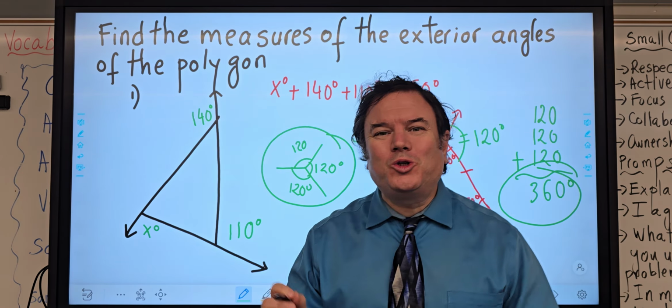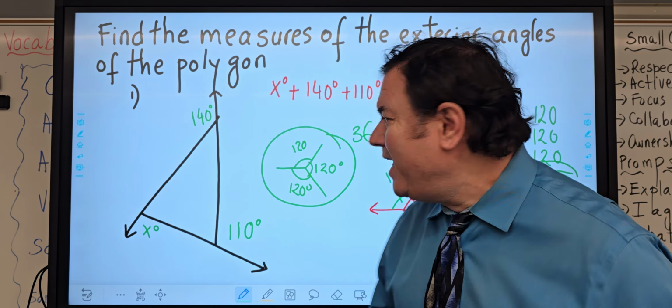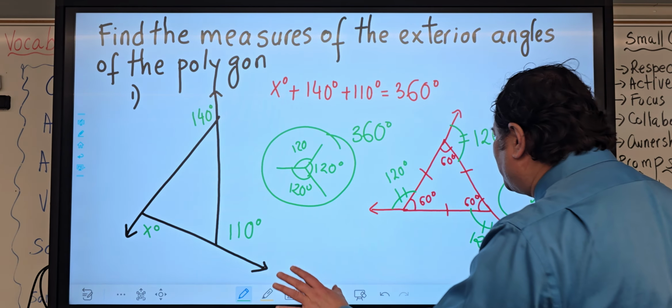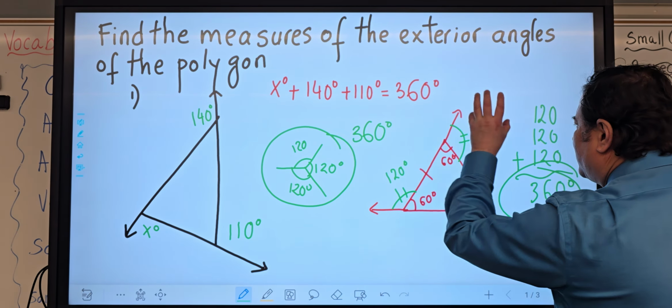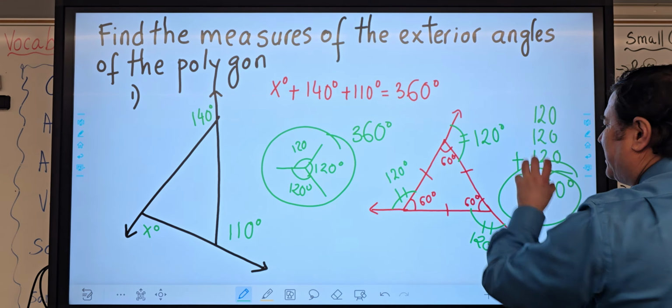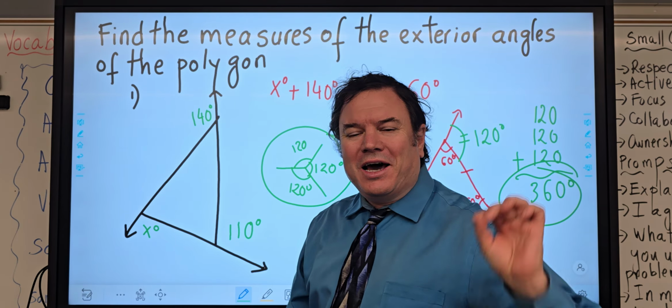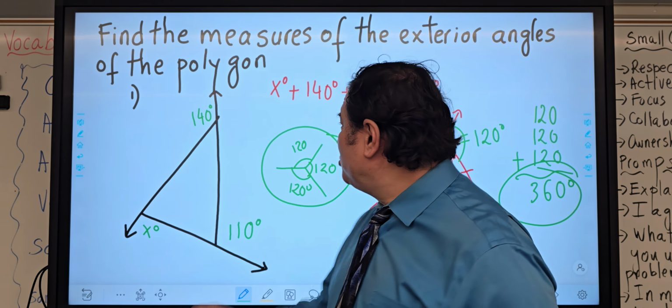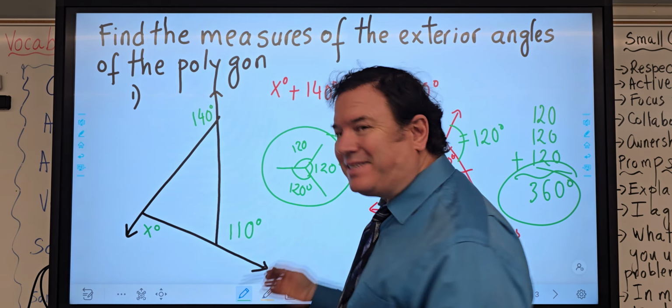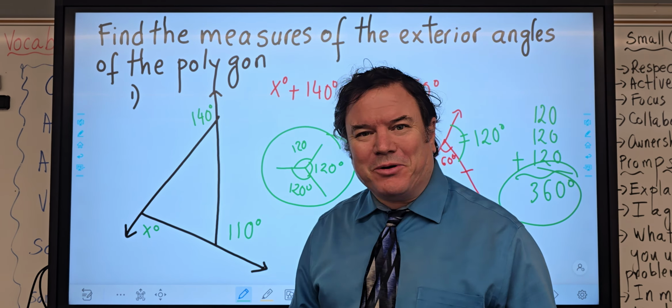This works with all polygons, no matter what shape. If we put all the exterior angles together, they form a circle. Please remember that the exterior angles of any polygon add up to 360 degrees.